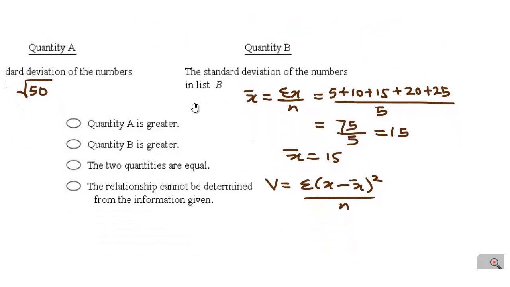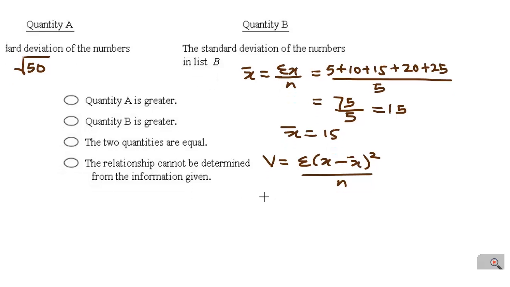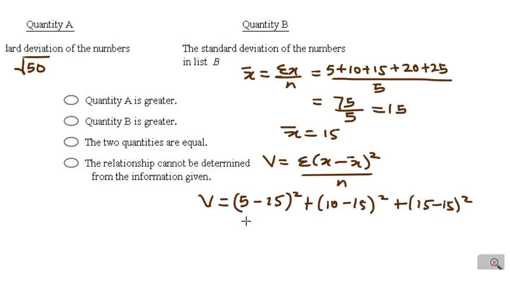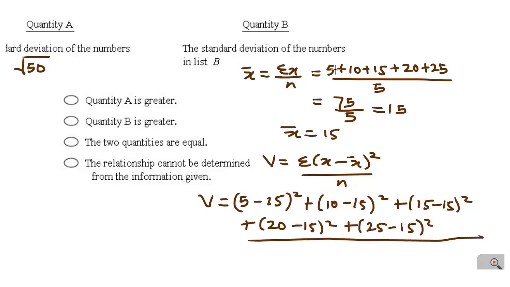So variance will be 5 minus x bar, that is 15, then square, plus 10 minus 15 square, plus 15 minus 15 square, plus 20 minus 15 square, plus 25 minus 15 square, then everything over n, that is 1 2 3 4 5, divided by 5.